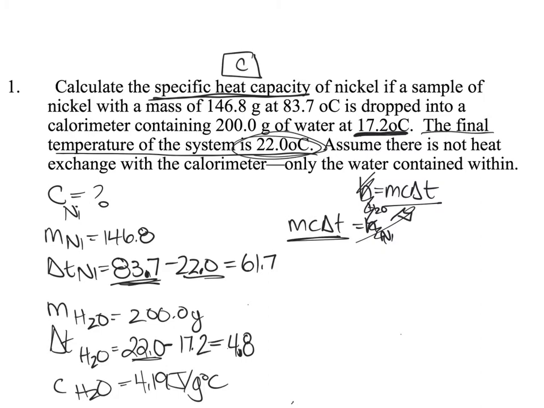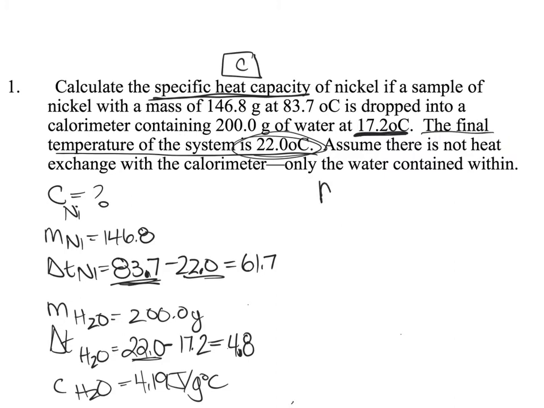So the way we show that is by doing this. And we let this side be the water side and this side be the nickel side. Okay, we're trying to figure this out.